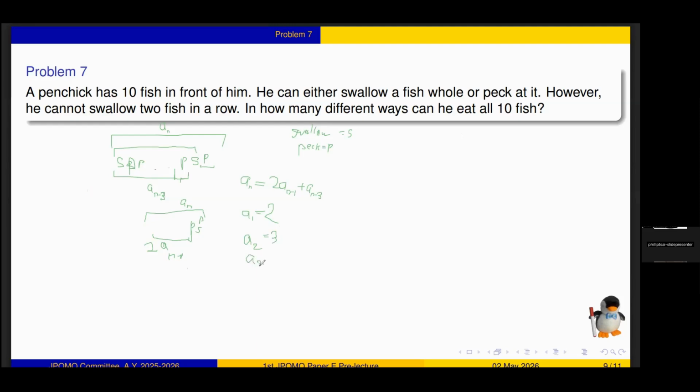And then a sub three, let's just compute a sub three. Since we can continue, we can do the recurrence starting from a sub four. Try to find a sub three, which is not that hard.